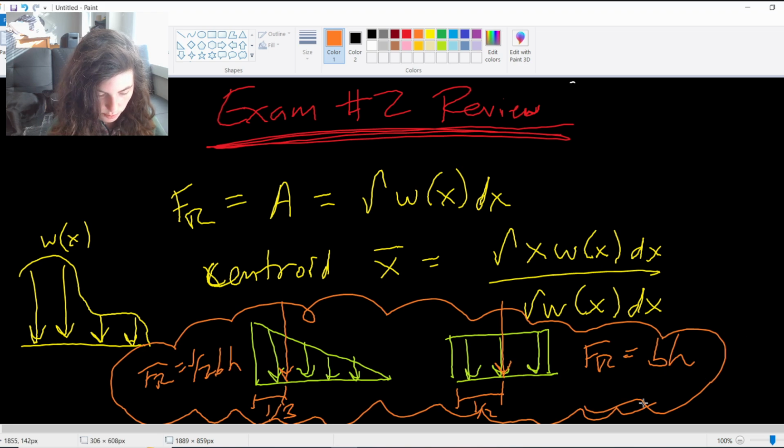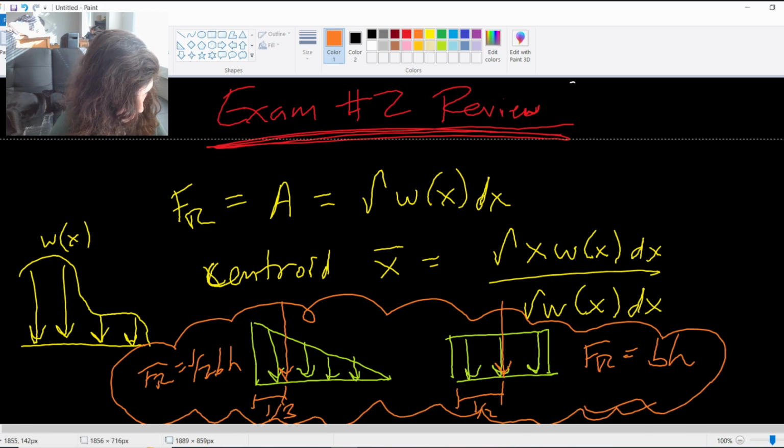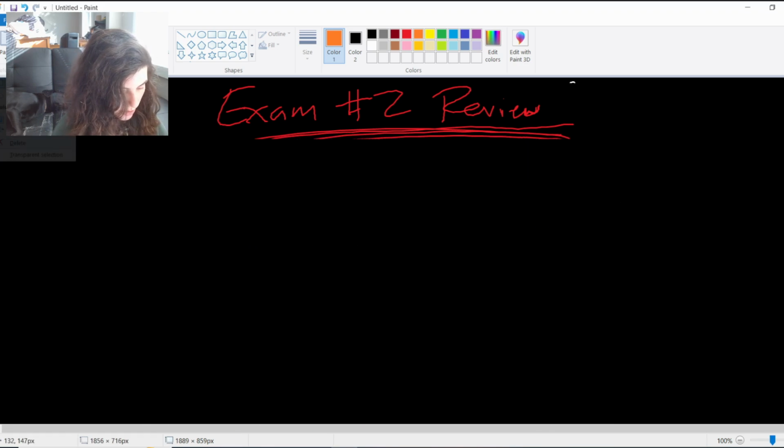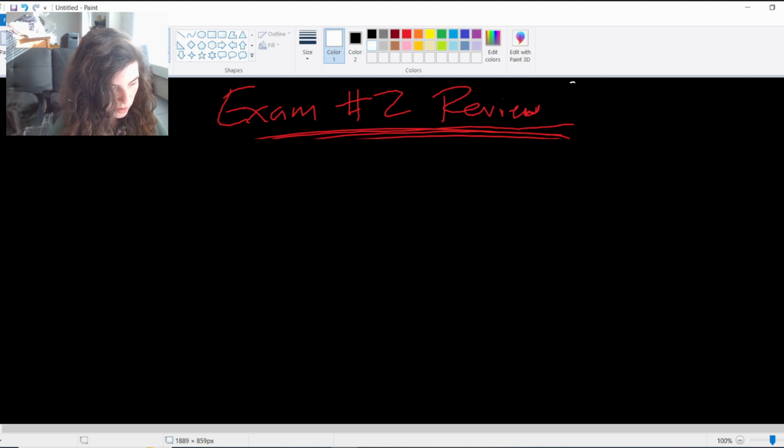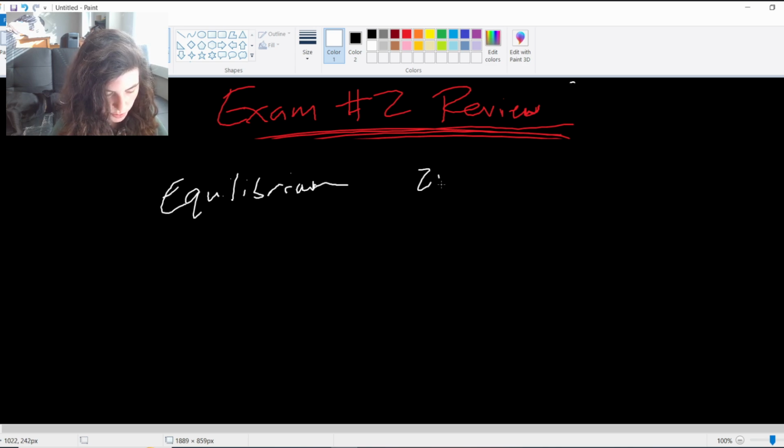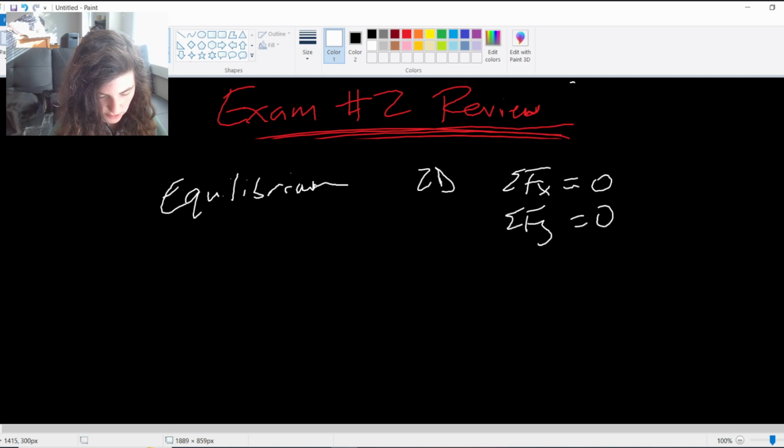You'll also be asked about equilibrium equations. We spent a good amount of time talking about equilibrium, right? Equilibrium of a body. So in 2D, that was where we had the sum of our x forces is 0, the sum of our y forces is 0, and the sum of our moment about a point is 0.